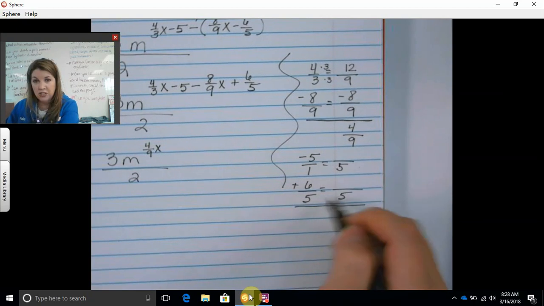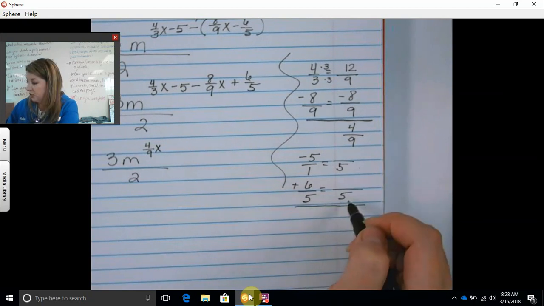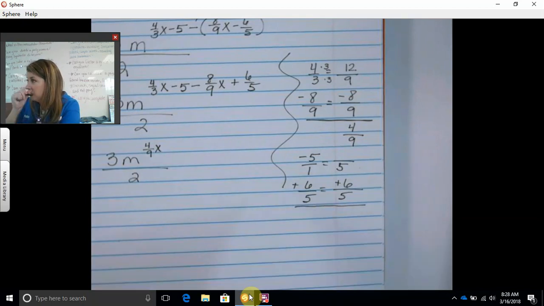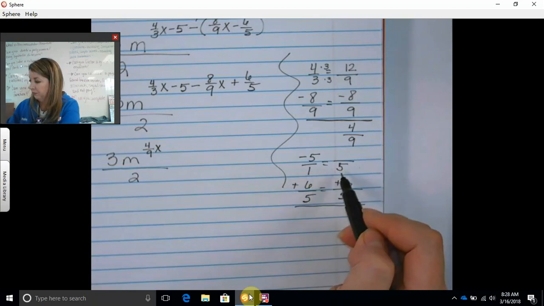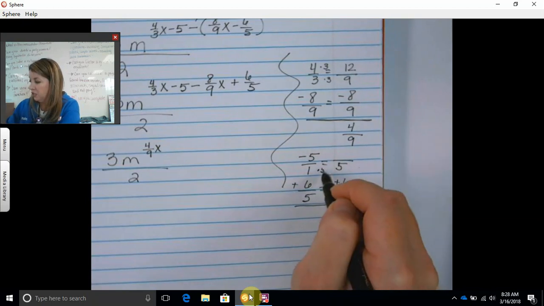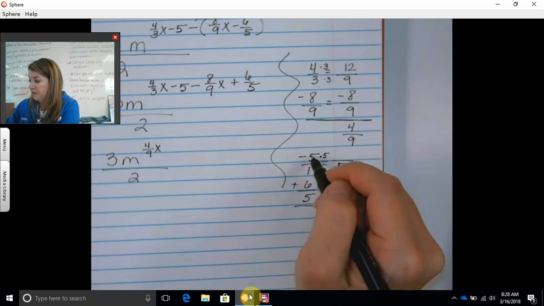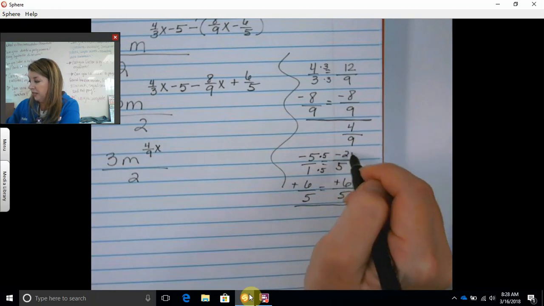The bottom fraction, 6/5, the denominator doesn't change, so the numerator won't change. And notice I'm just bringing the sign with it. But my top fraction, the denominator did change, so the numerator has to change if it's equivalent. 1 times what is 5? 5. So you have to multiply the numerator by the same thing. -5 times 5, -25.